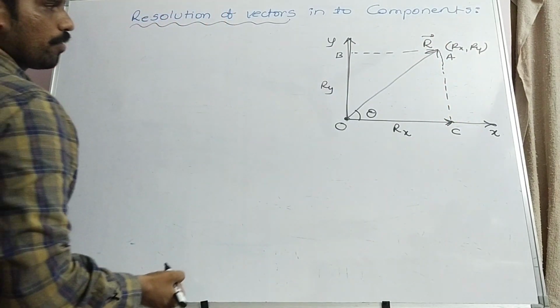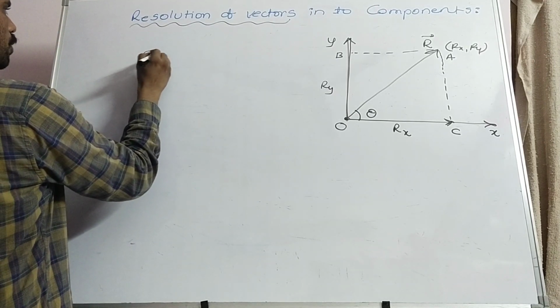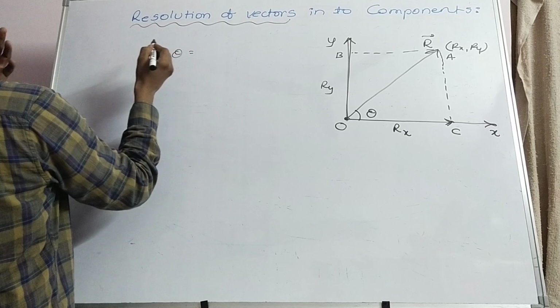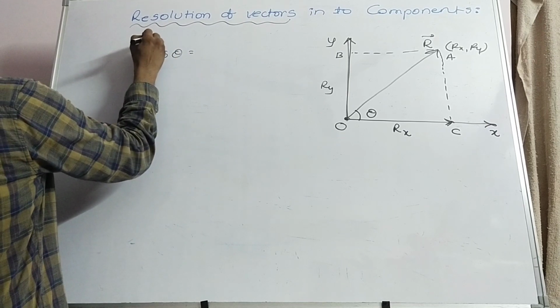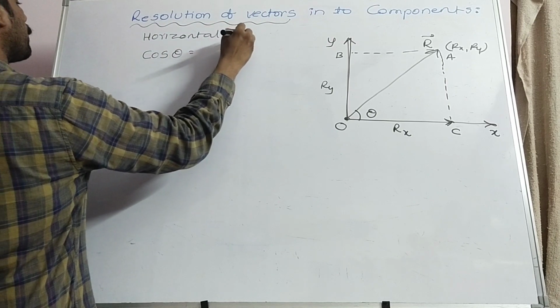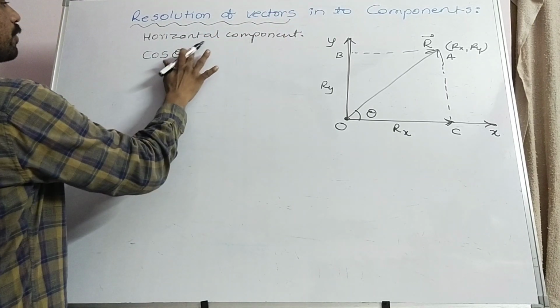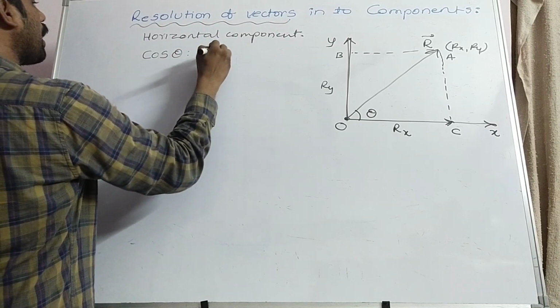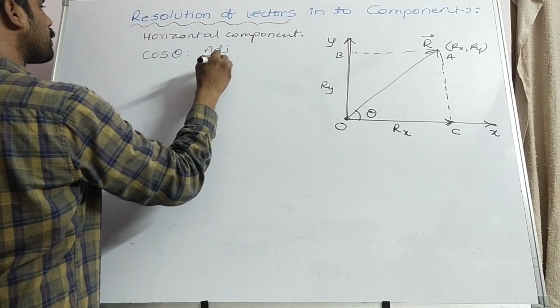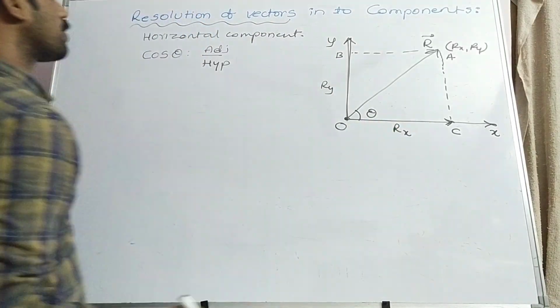Now, let us consider this is OABC. From this, if I write the cosine function, cos theta, it gives the horizontal component. Why? Because to find the cosine function, we write adjacent side by hypotenuse. The adjacent side will be rx. That's why rx will be the horizontal component.